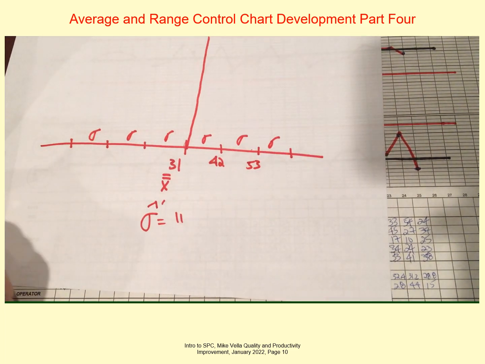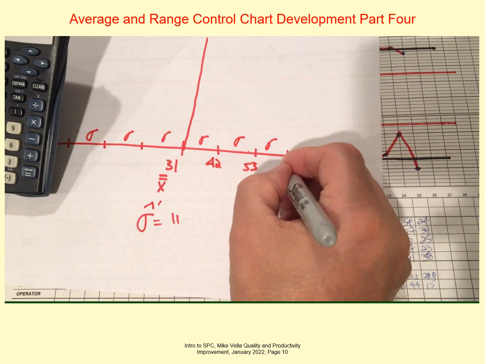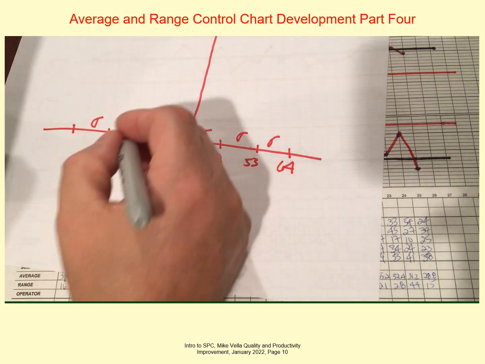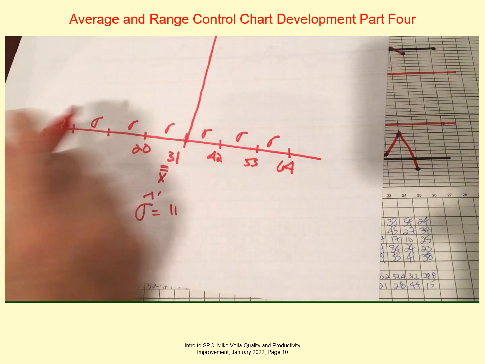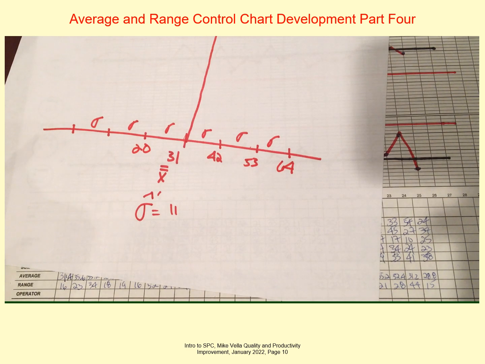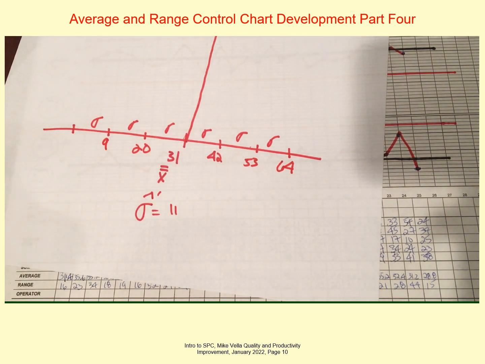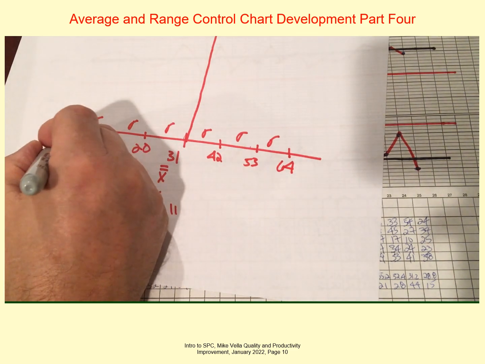Plus 11 is 64. 31 minus 11 is 20. Minus 11 is 9. Minus 11 is minus 2.